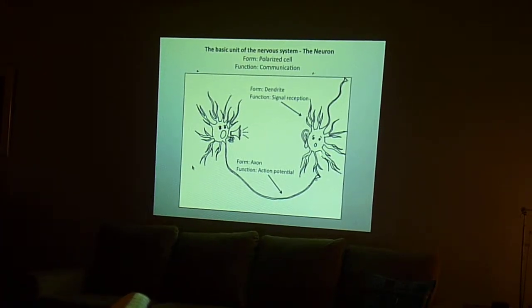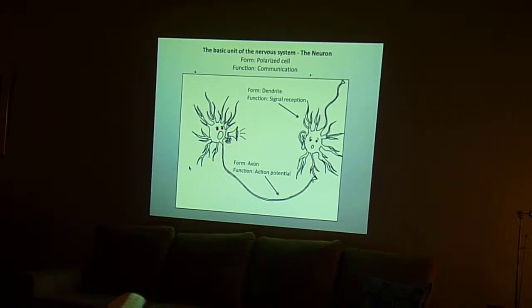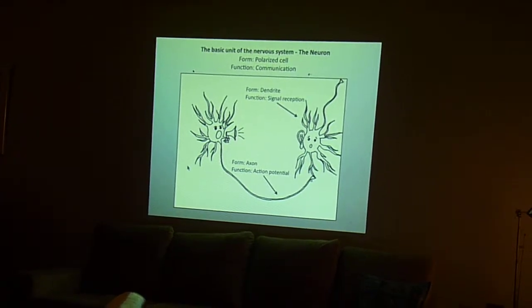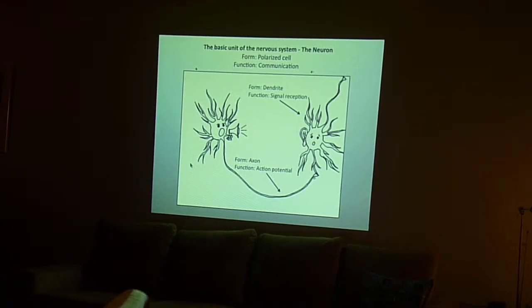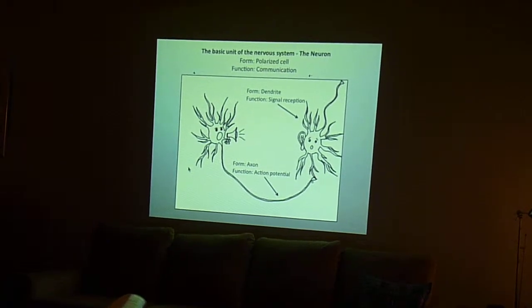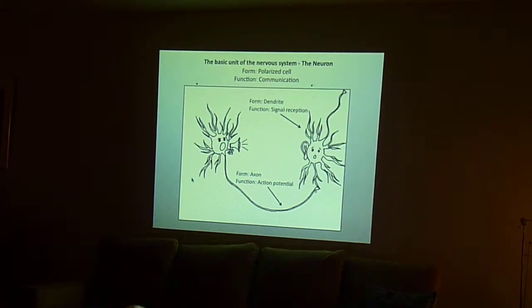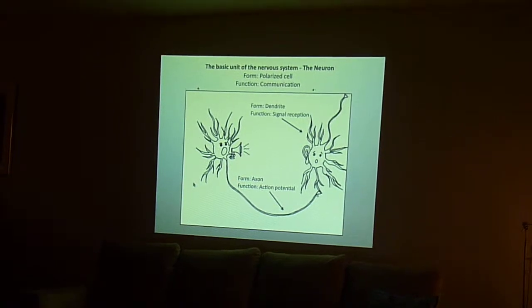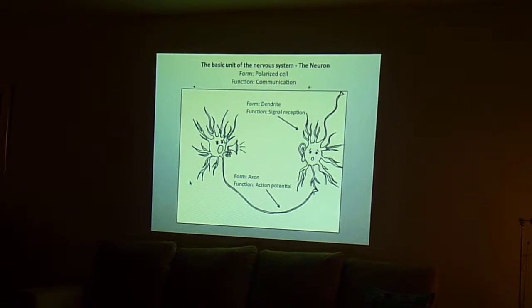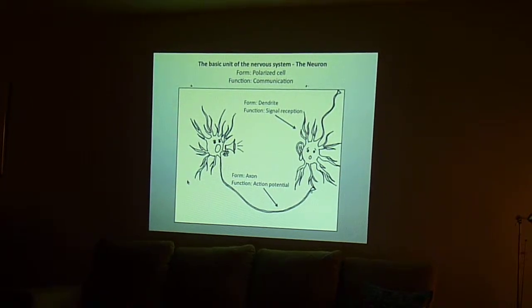And then these short structures here that tend to be short, thick, and highly branched are the dendrites. It's the dendrites that are receiving signals from nearby axons. And it's a combination of 100 billion or so of these nerve cells put together in a very organized fashion that makes up your brain.